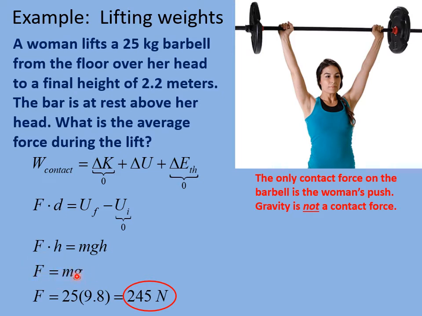Her force was equal to mg, the weight of this barbell. So we could have, in a sense, just answered the problem there. The reason I show this problem with all these steps is to give you a sense of how to use the work-energy theorem, in this case when we're lifting something up. Let's go ahead and do another example.